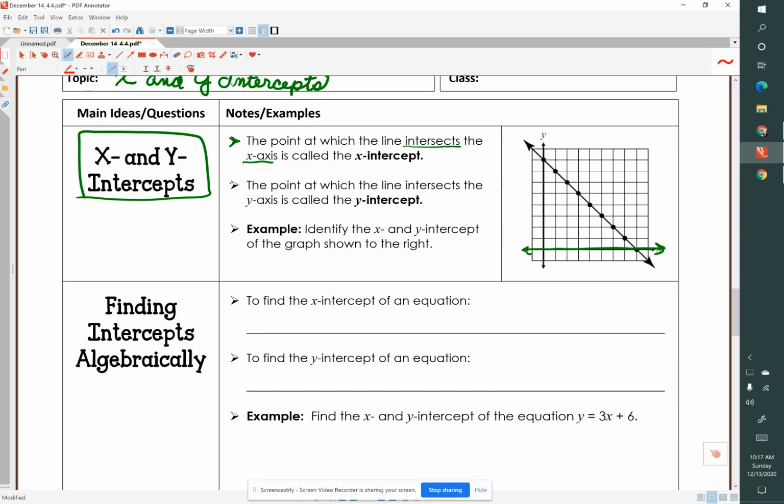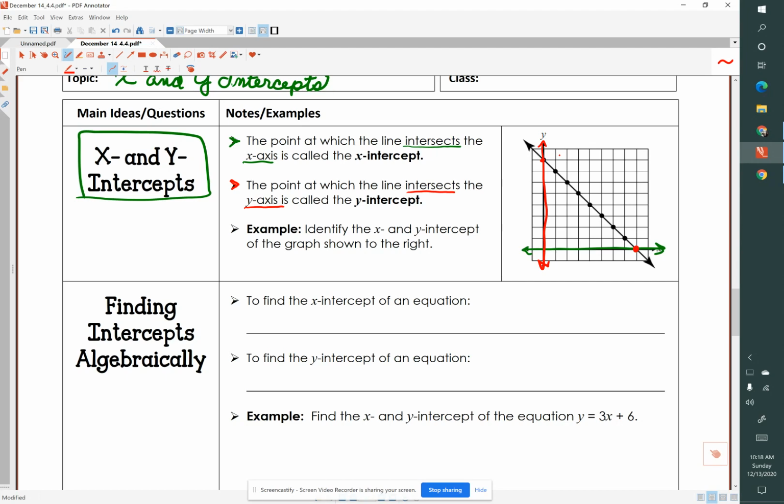The y-intercept is the point at which the line intersects the y-axis. So here's our y-axis in red. And we have a graph, and it intersects the y-axis here and the x-axis here. So let's look at those points and let's label them.